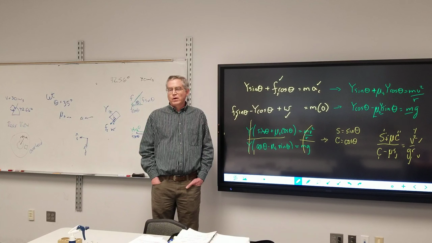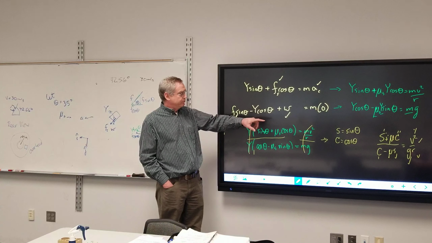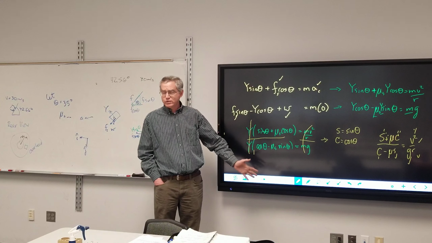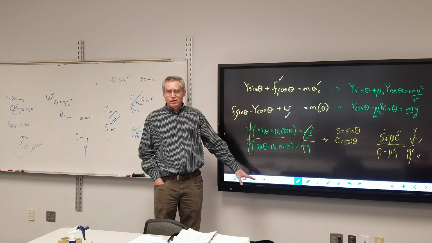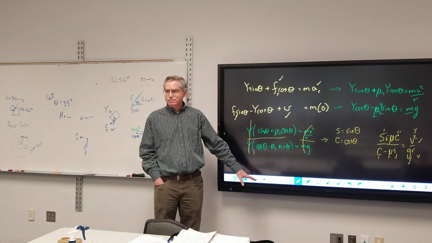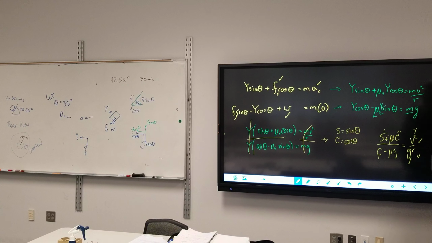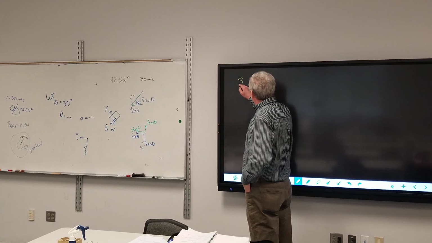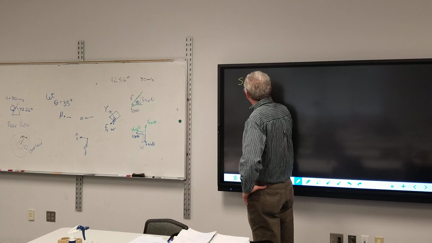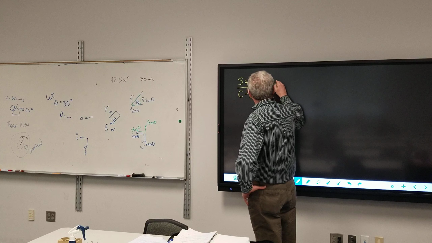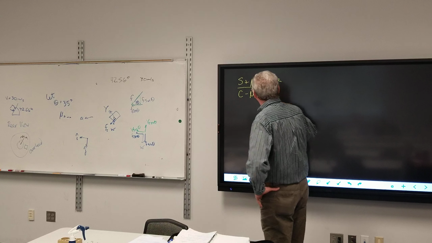All right, any questions on this? I'm about to rewrite that last equation on a fresh board here. Any questions on this before I go to a new board? So s plus mu c over c minus mu s is equal to v squared over gr.